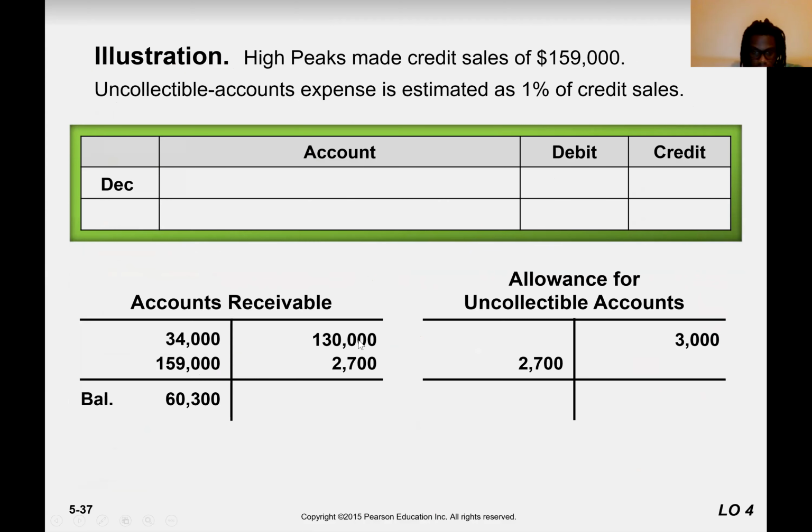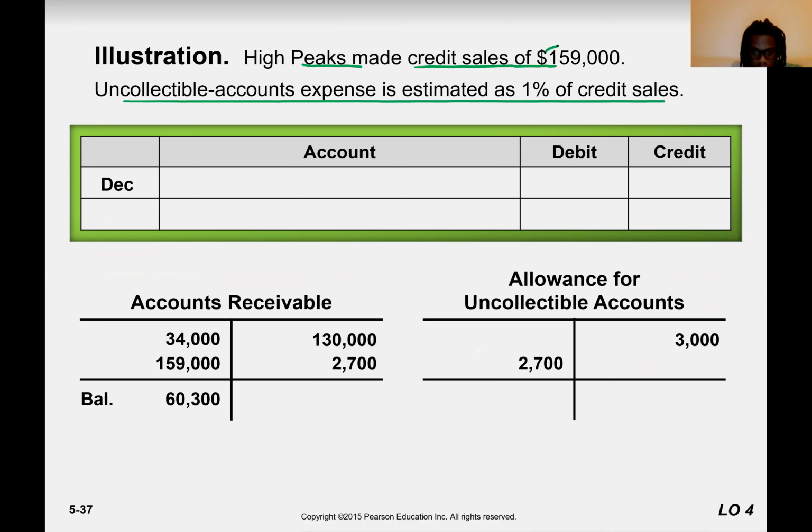Here we go. Now they said we need to establish an estimation for 1% of credit sales. So 1% of credit sales is 159,000 multiplied by 1%. The answer would be 15,900.